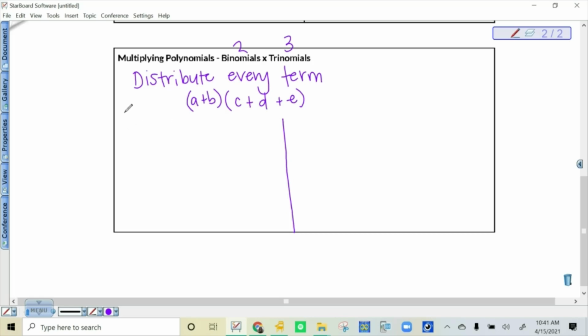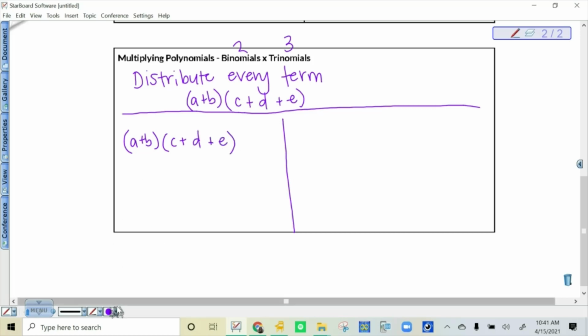We can do this distribution method: A plus B times C plus D plus E. I take that A and multiply it by C, by D, then by E, and then I take B times C, B times D, and B times E. And then I add those all up, and I combine like terms.